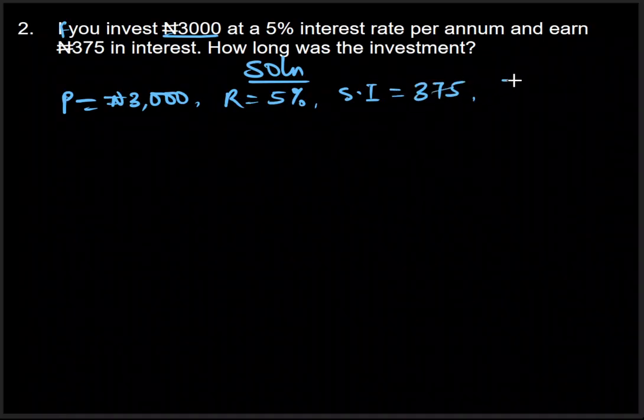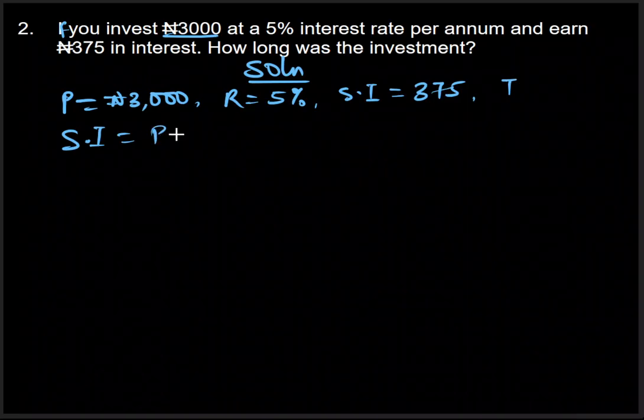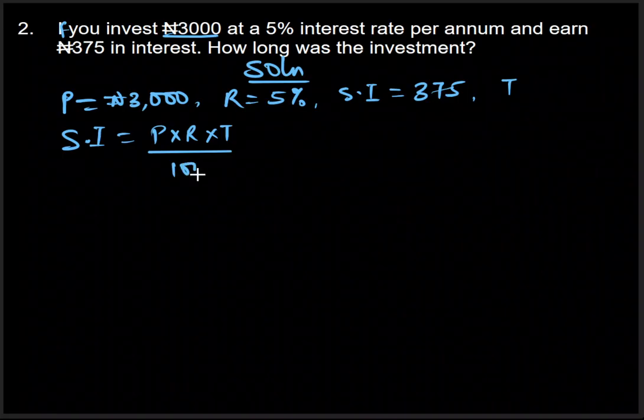So what is missing here is the time. All right, so the same formula, simple interest equal to P times R times T all over 100. Simple interest given as 375.